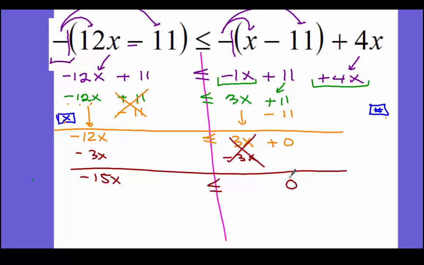Alright, last step. Last step is to divide by the coefficient of x, which is negative 15. Please don't cancel out like this. The reason you don't do this is, let's say your answer is wrong and you don't know what is wrong with it.